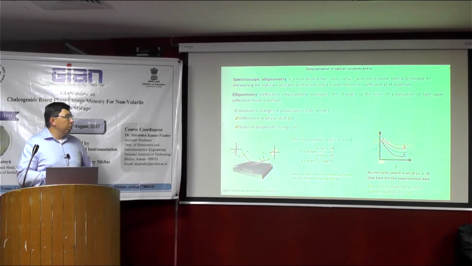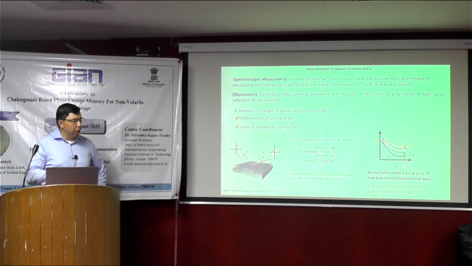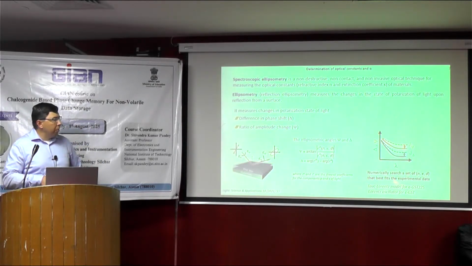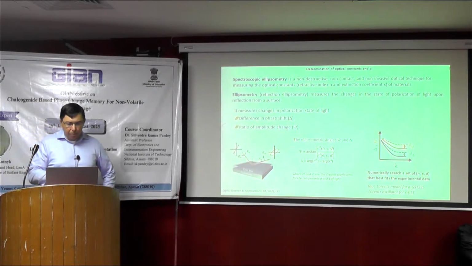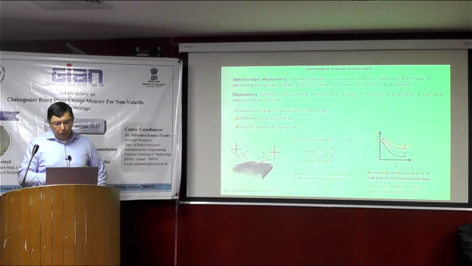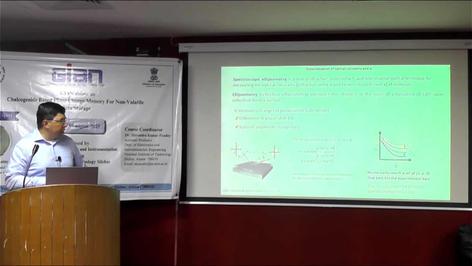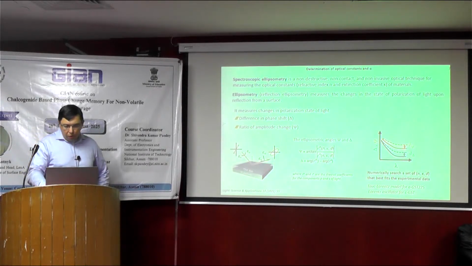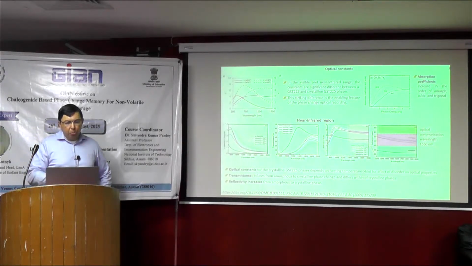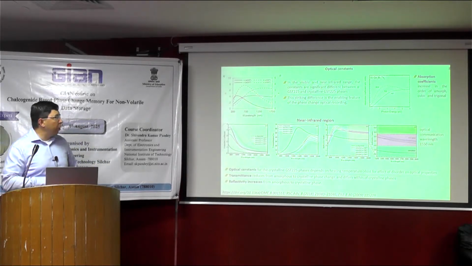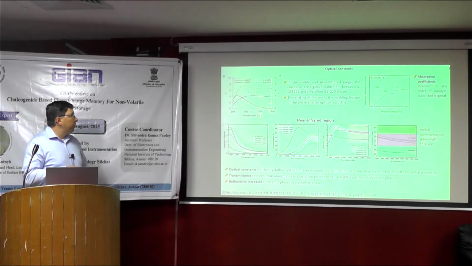Then you need to make some numerical simulations, using different models to fit the experimental data to the simulated data. From this, you can get the basic properties of the material, like optical constants for GST.